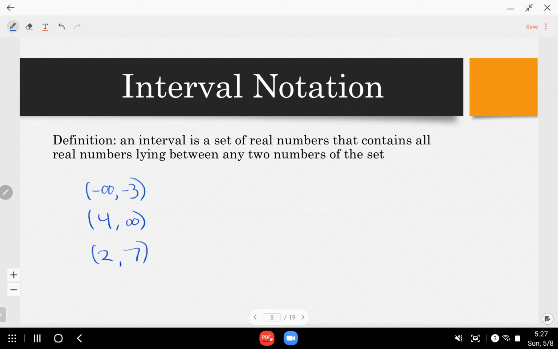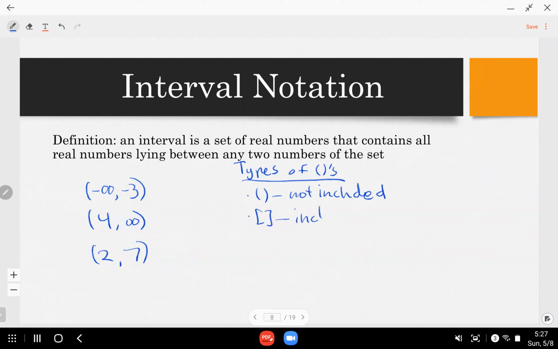Of course, we also have the types of brackets. So we have the types of parentheses. The regular parentheses means not included. We also have the square brackets, which means they are included.